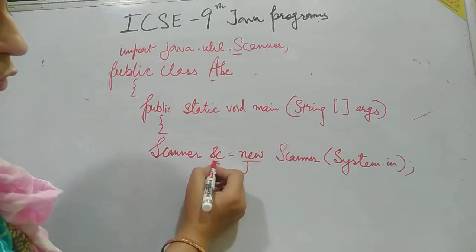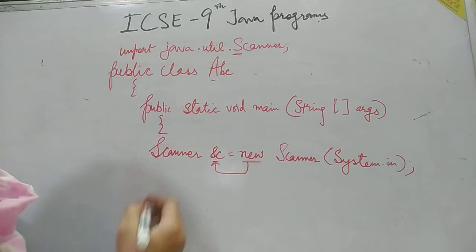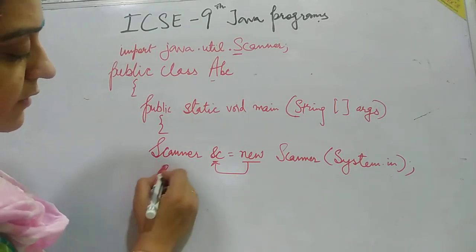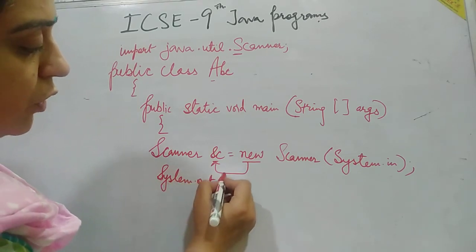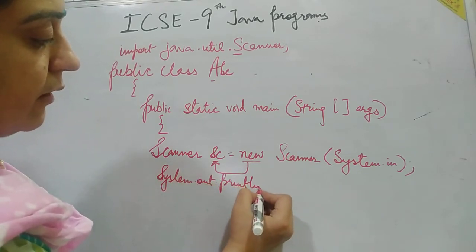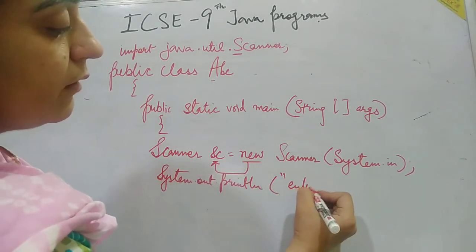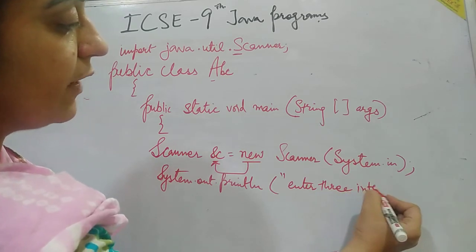Now we need to use the Scanner class object for the method calling. We need to write an SOP statement, or you can write System.out.println. This is a display statement for the user: enter three numbers or three integer values.